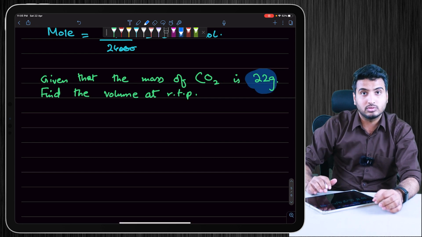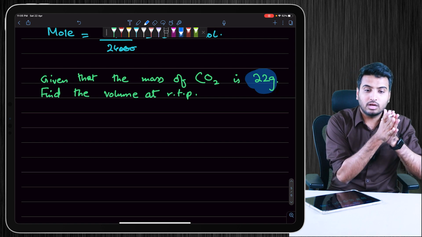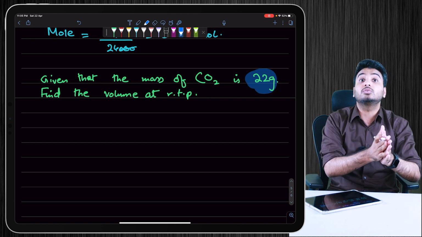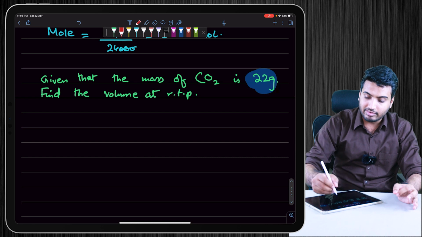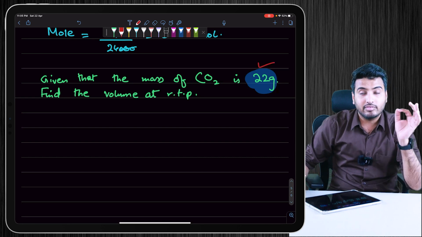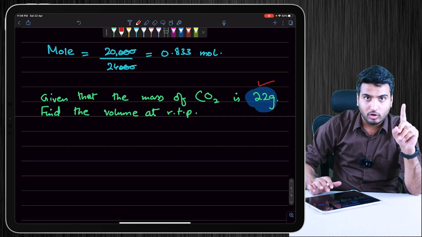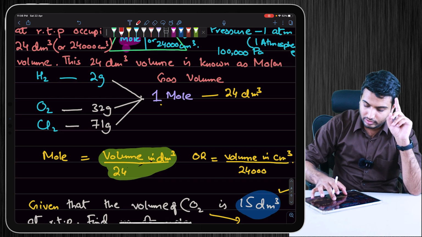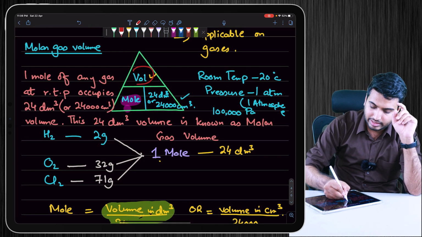All right, so now in another example they have given us the mass of carbon dioxide, which is 22 grams. All right, so you know whenever we solve gases based questions, we only use volume mole relationship, but here they have given us the mass. So it means as we need to have volume, so to find volume, what do we need to have? So this is the volume over here.